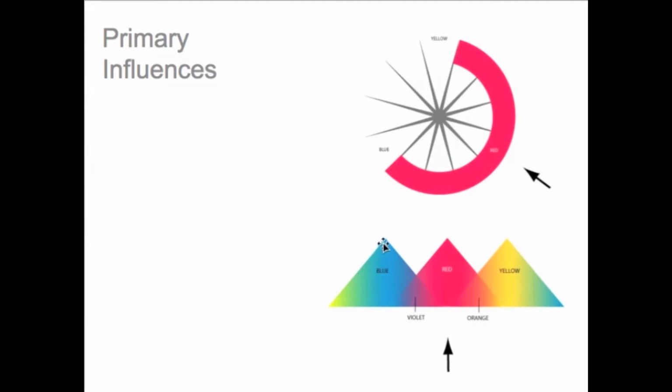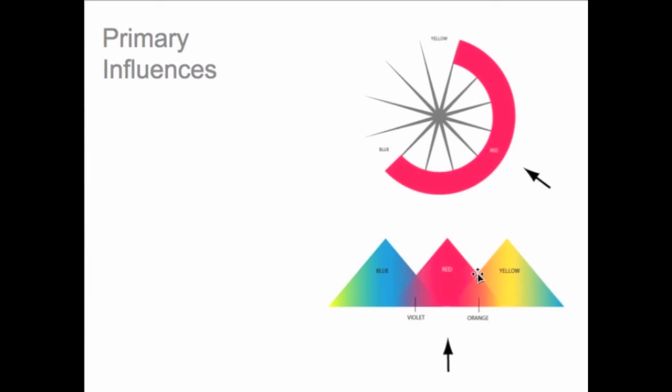And so we have, in terms of the 3 primaries, kind of a cross-section, an idea of peaks in terms of amount. So here you have your greatest amount of blue, your greatest amount of red, and your greatest amount of yellow. And as yellow moves toward red, we start seeing the influence of red and the decreasing influence of yellow.